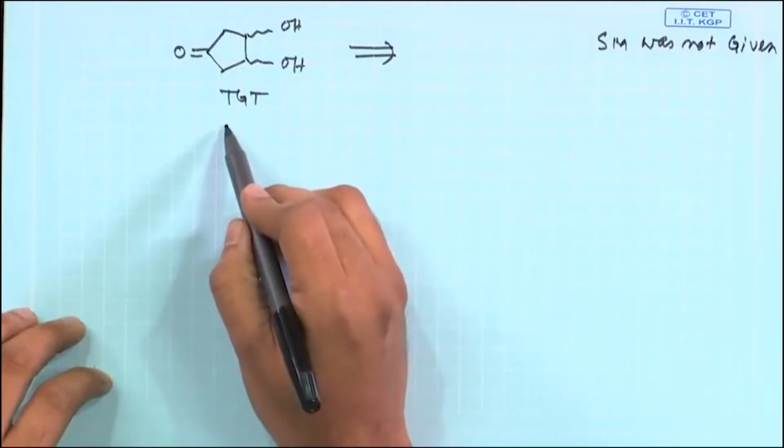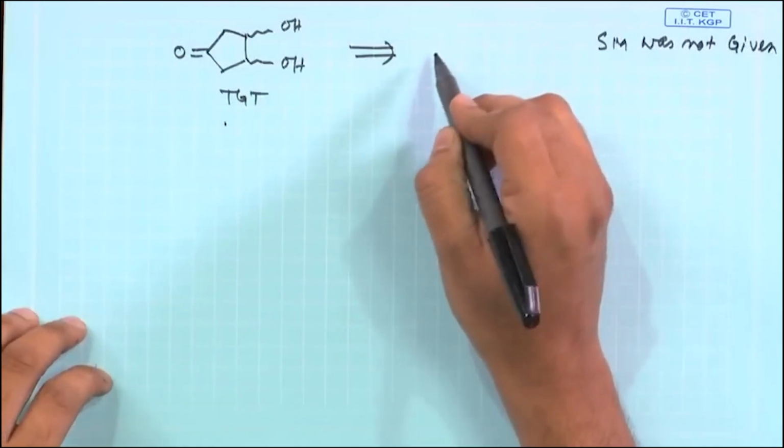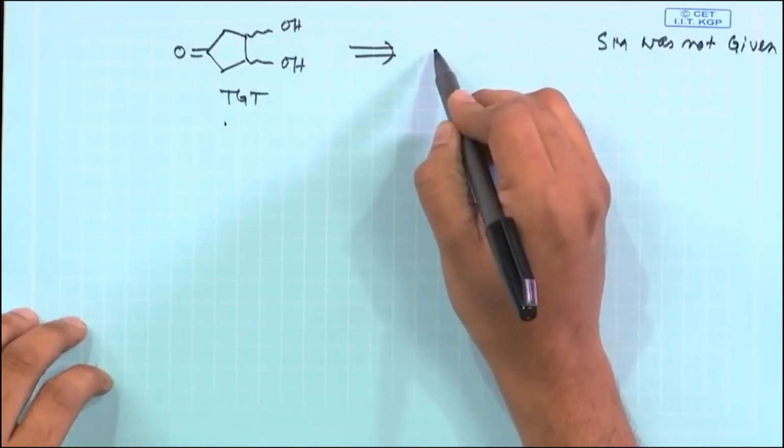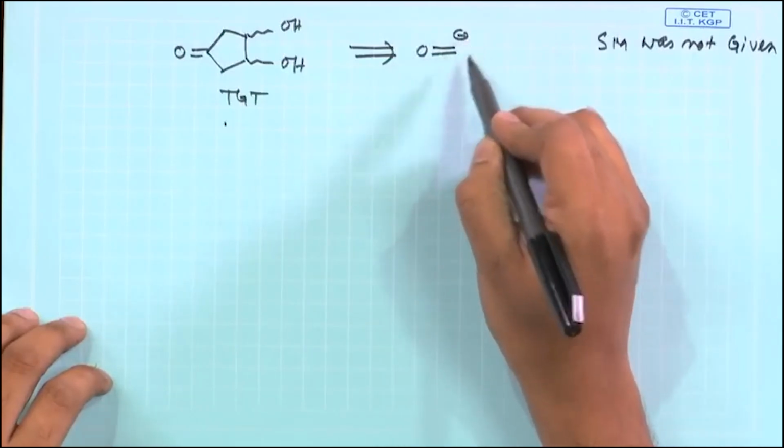Now, if you try to do a disconnection for this molecule, we will do a disconnection something like this, and let us try to figure it out.